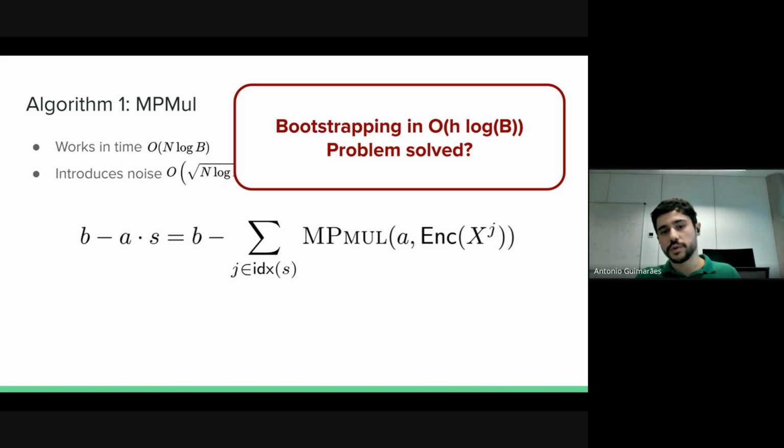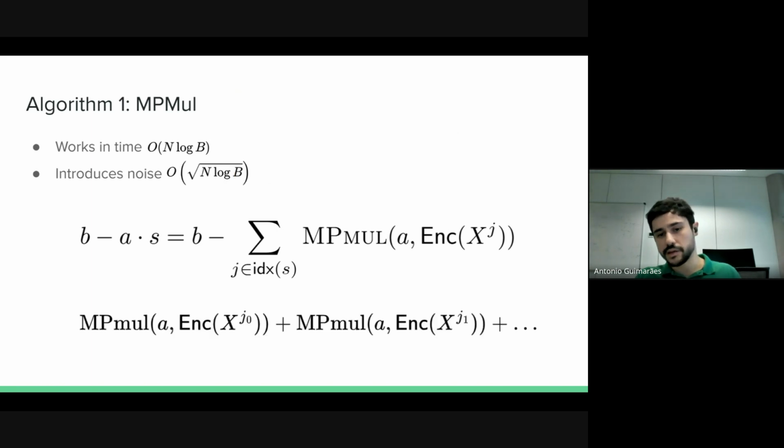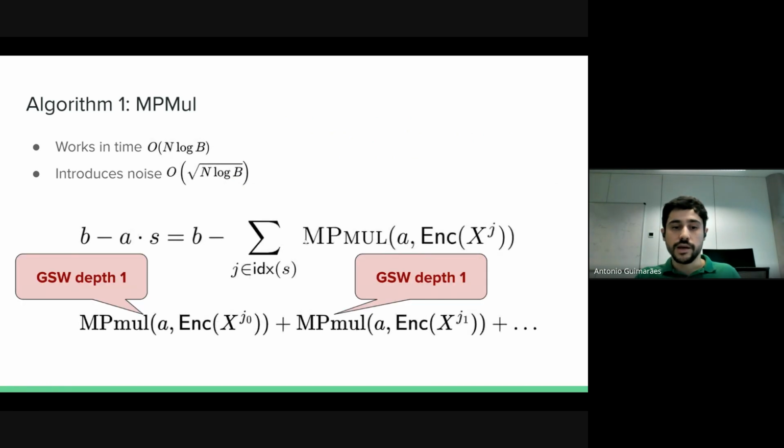But there is still a problem with this algorithm. So if we expand this summation, we'll have something like this. So I'm just expanding the summation. And each call of this MP-move algorithm will do GSW multiplications, and the result of them will be a ciphertext that has, let's say, GSW depth 1, meaning there is some noise there.